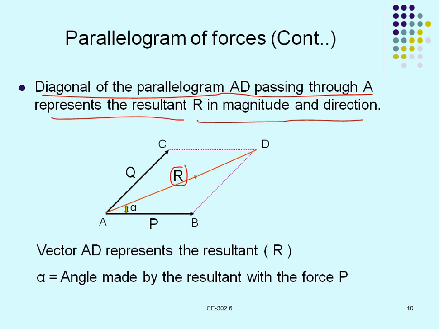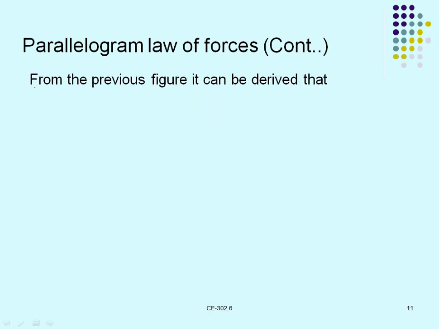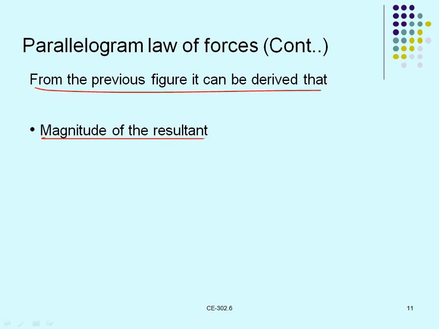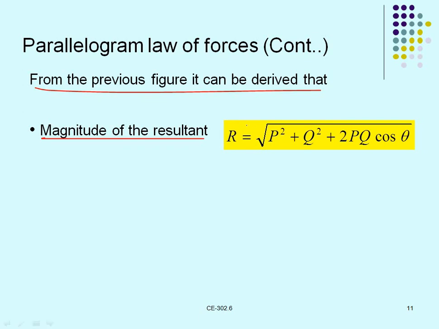Vector AD represents the resultant R, and theta is the angle between P and Q, and alpha is the angle made by the resultant with the force P. From the previous figure it can be derived that the magnitude of the resultant R is equal to root of P square plus Q square plus 2PQ cos theta.